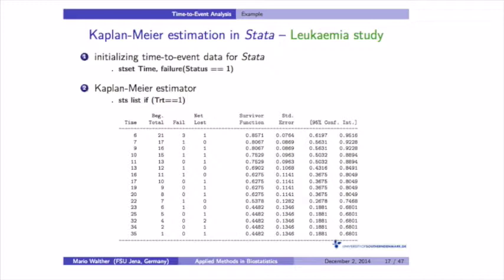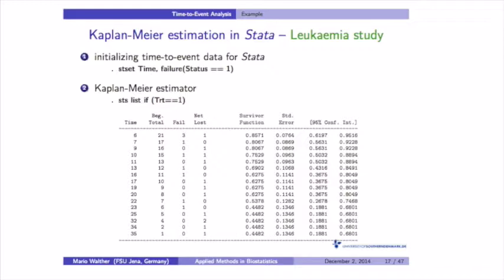command stset, followed by the time variable, and followed by the event variable, where the event here is defined as failure. Event and failure are quite similar in Stata. So with the notation of failure you define the event, and the event, if you think of the data layout, was designated with status.